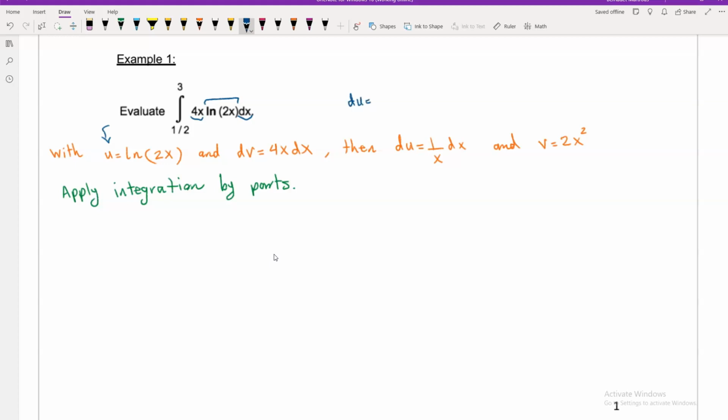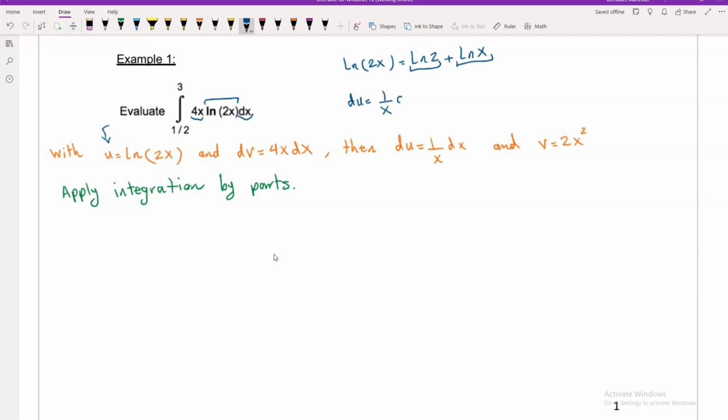So du is equal to, here we have ln of 2x, that is equal to ln 2 plus ln x. So where du is equal to this part, the derivative of that part is 0, and the derivative of this part is 1/x.